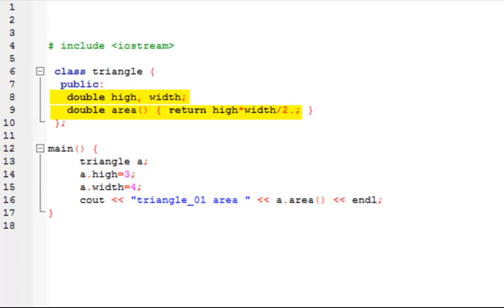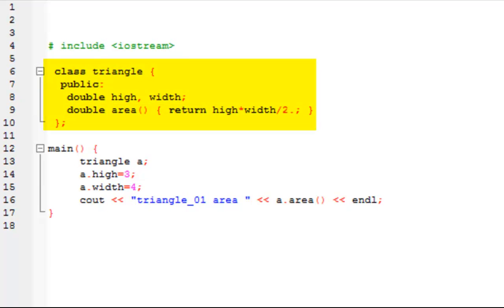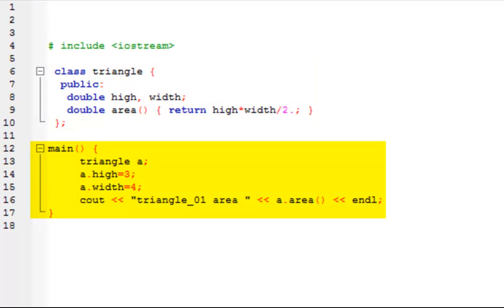Therefore, members of a class are divided into data members and function members, which are also called methods. Given the definition of class triangle, we may declare objects as follows. Note that a specific object occupies a corresponding location in memory, called an instance.